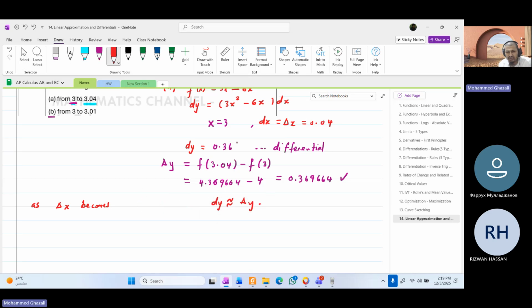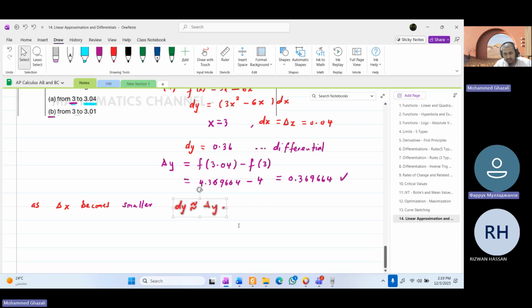It's fine, you don't need to work it out, because even for the second one you'll get much better accuracy, because this is 0.37 and that's 0.36. As delta x becomes smaller, this is the general theory, dy will be exactly equal to change in y.